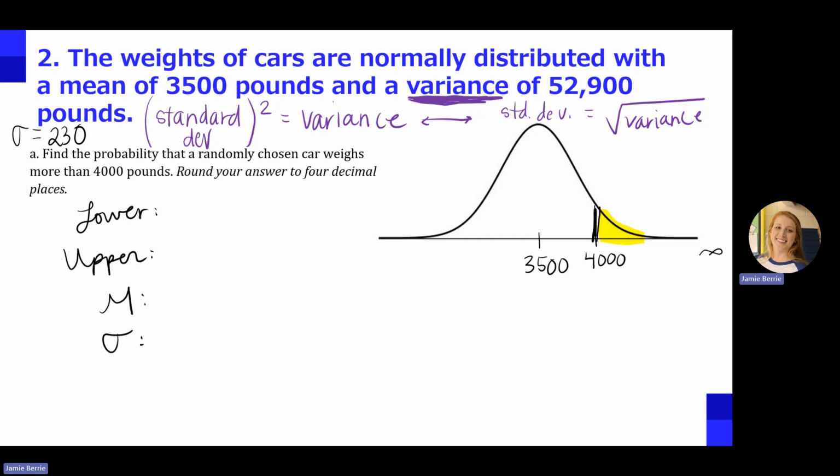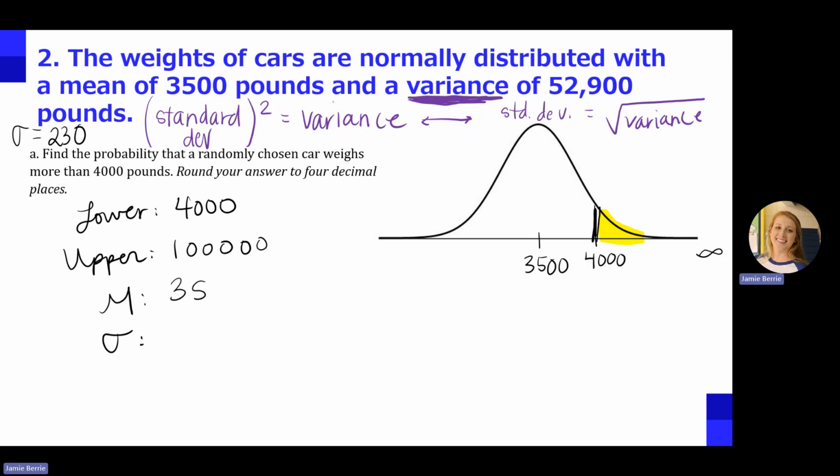So our lower bound is going to be 4,000, and our upper bound, we're just picking a really big positive number. 10,000 will still probably work fine, but I'll throw another 0 on there since we're working with such big numbers in this problem. So I'll do 100,000 just to be safe.